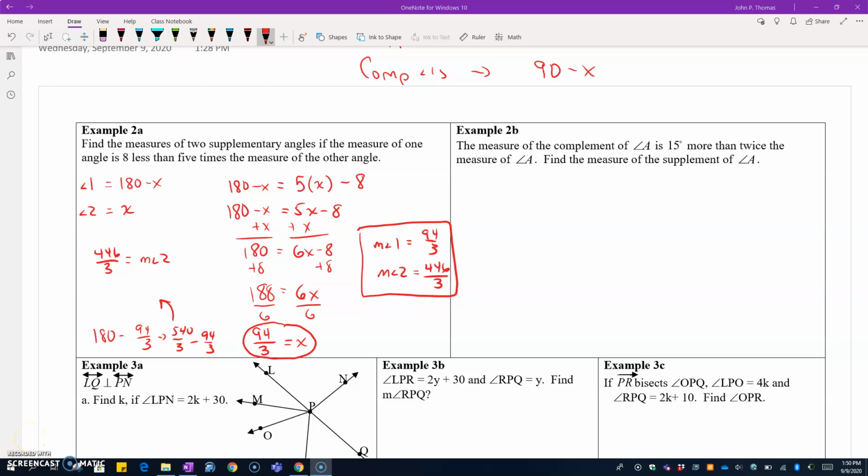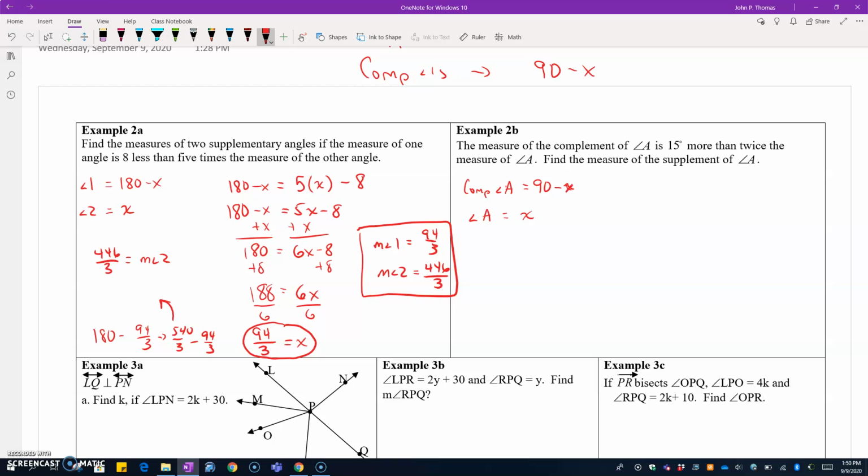Taking a look at the second example, it says the measure of the complement of angle A is 15 more than twice the measure of angle A. So we also just have angle A. So I'm going to call angle A an x, and then our complement is going to be 90 minus that x, whatever it ends up being.